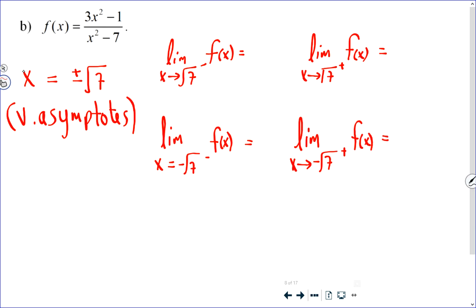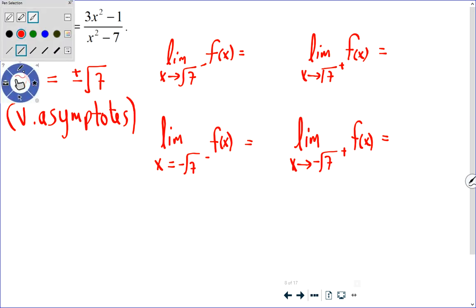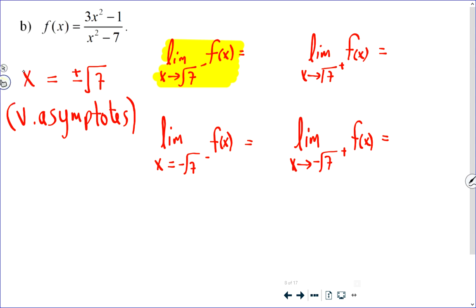And what this is going to involve is taking a number very, very close to the square root of 7, but a little bit less than it because it's to the left of root 7, and putting that number into the function for x.